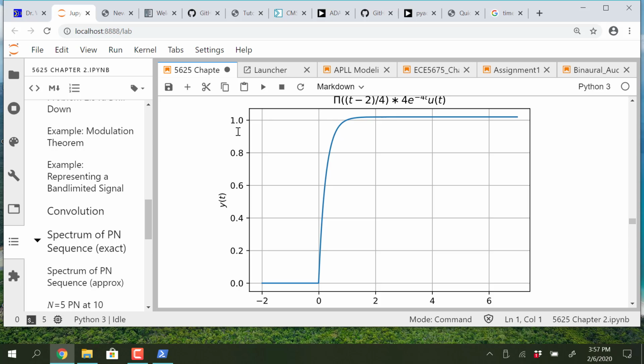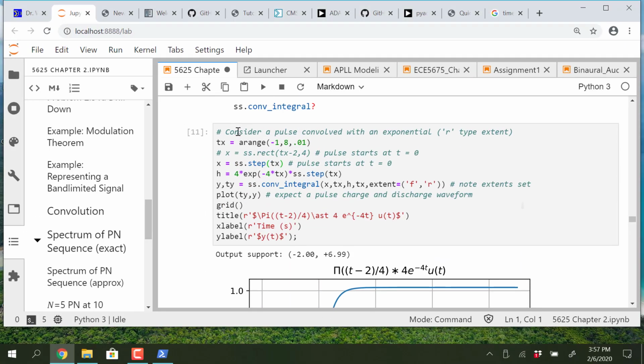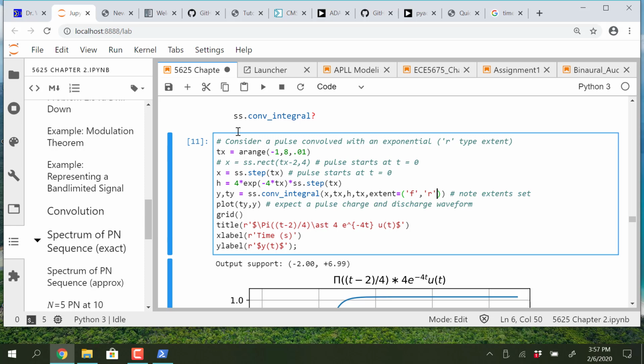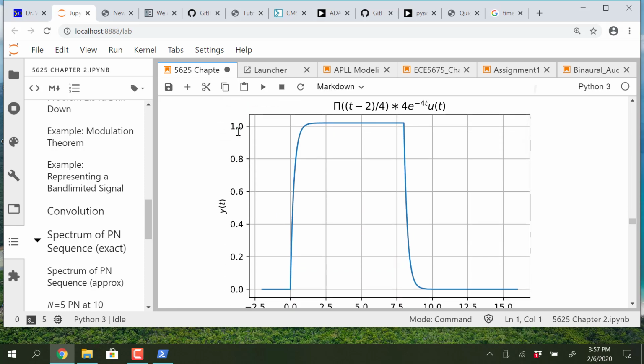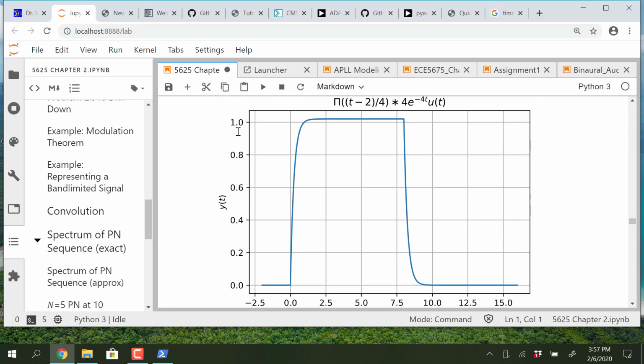And that matches the answer I would expect from the theoretical result over here. But if I told it that this was finite extent, see what it did? So this was to protect the innocent, in a sense. I mean, if you get my drift on the dry humor side there, this is not correct, right?